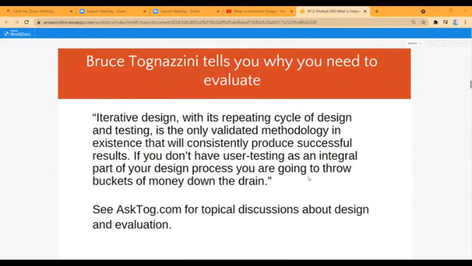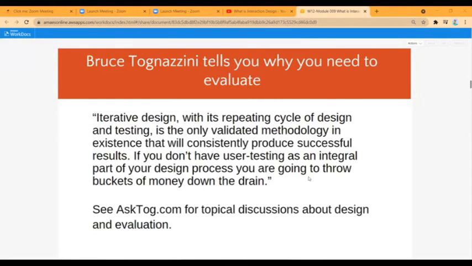So Bruce Tognazzini tells you why you need to evaluate. Okay, iterative design with its repeating cycle of design and testing is the only validated methodology in existence that will consistently produce successful results.